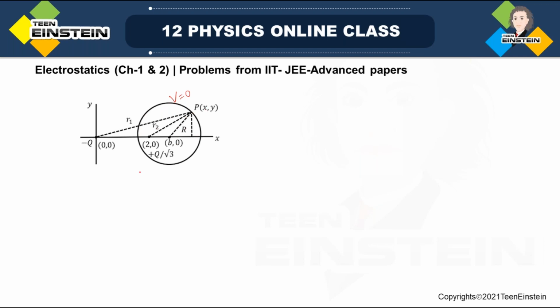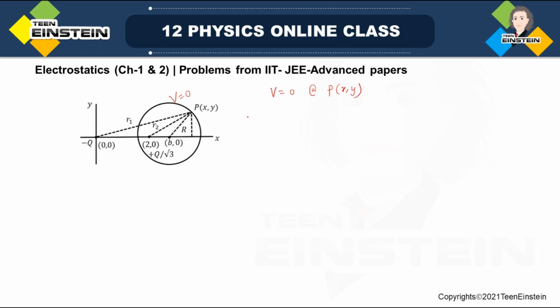So you can see here I am just taking a point P which has coordinate (x, y) from the origin. All right, so potential at this P also will be 0 according to the question. So potential is equal to 0 at P (x, y).